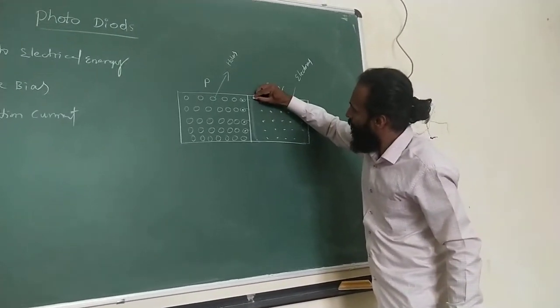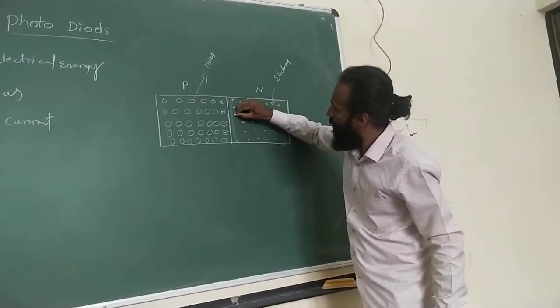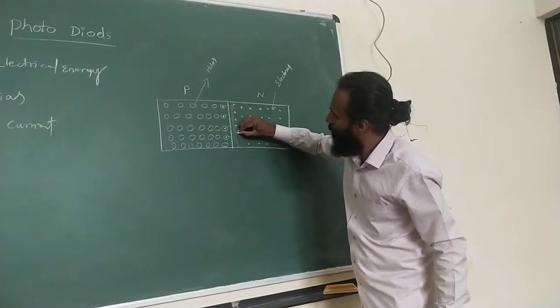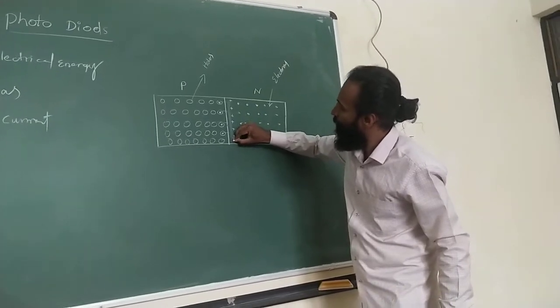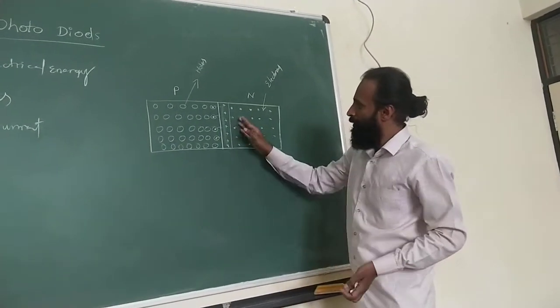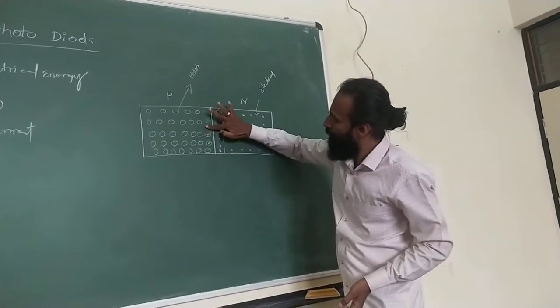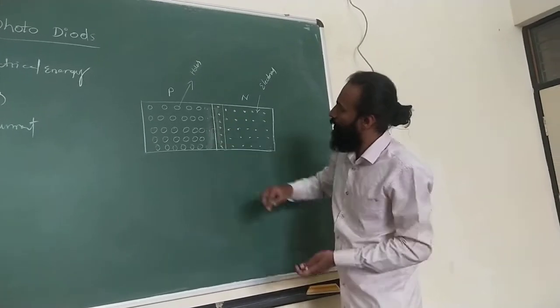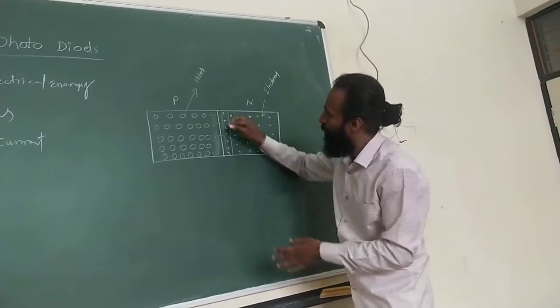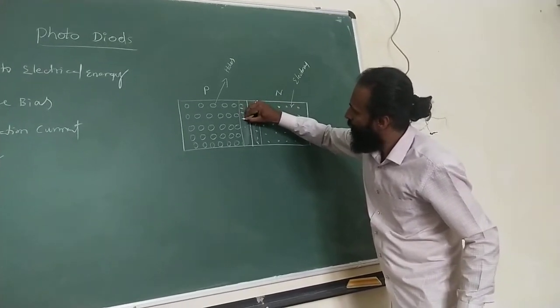Here we develop a field: due to the shortage of electrons, a positive field is created on this side. On the other side there is a shortage of holes, so this region becomes a negative field.